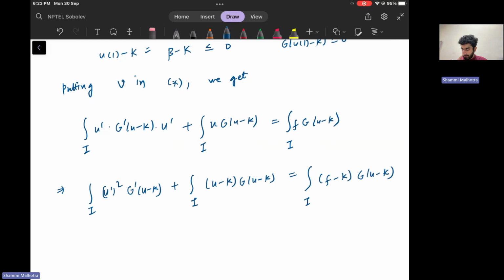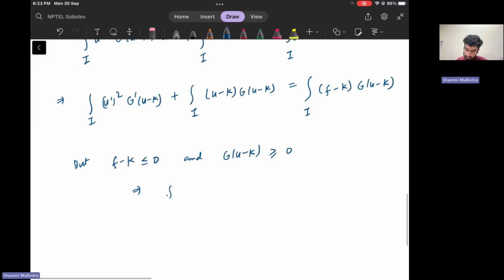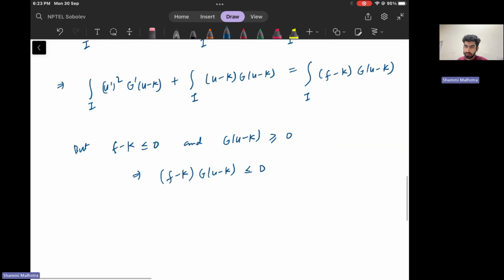But k being the supremum, f minus k is less than or equal to 0, and g of u minus k is always non-negative. So this implies that f minus k times g of u minus k has to be less than or equal to 0, and hence the integration of the right hand side is also less than or equal to 0.